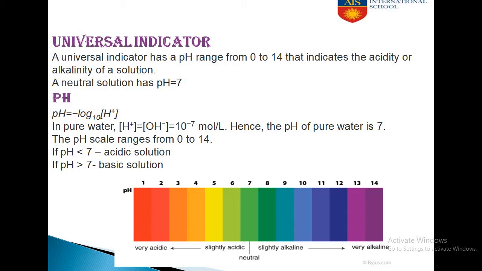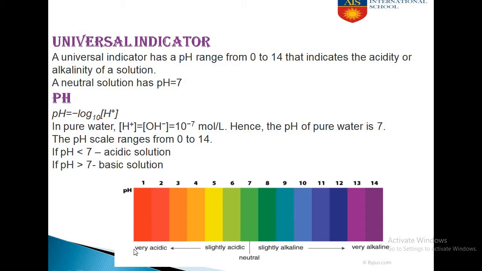Like we have read in the last video, with the help of schematic diagrams I explained that the lesser the pH value, the more acidic the solution is. The higher the pH value, the more alkaline it is. You can see these are the ranges. When you dip a pH paper in the solution, you will get a color.